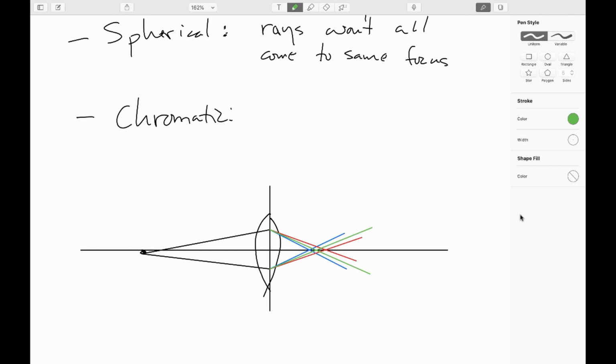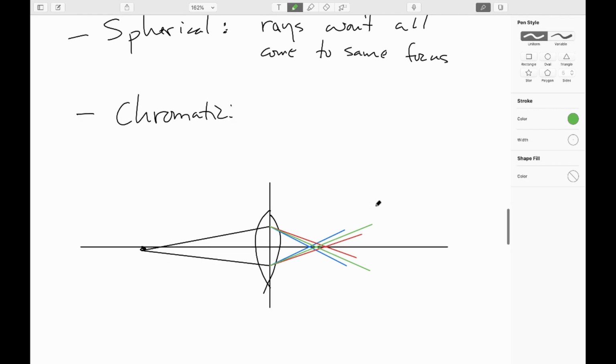If you choose to use lenses, there is a trick where you can cement a converging lens of one index to a diverging lens of another index. By doing that, you can coax the red and the blue rays to come to the same focus. It won't be the same focus as the green, but the whole bundle will be a lot closer, and that will bring it to be smaller than a pixel on the CCD, which is good enough.